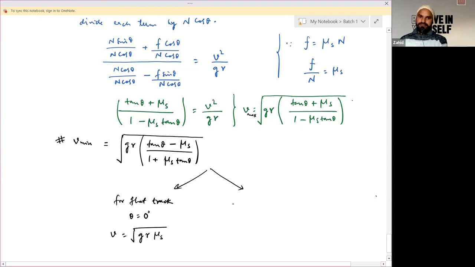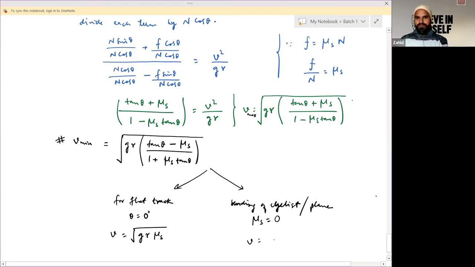And next is bending of a cyclist or plane. In that case, there will be no friction acting on the particular object. So mu s will be 0.